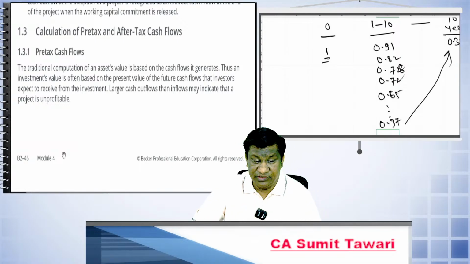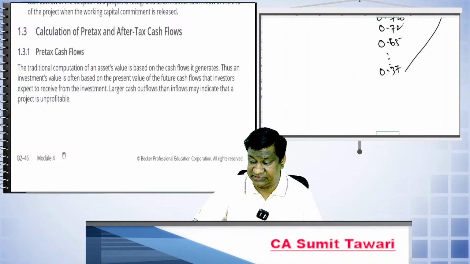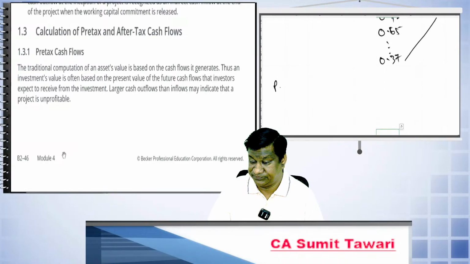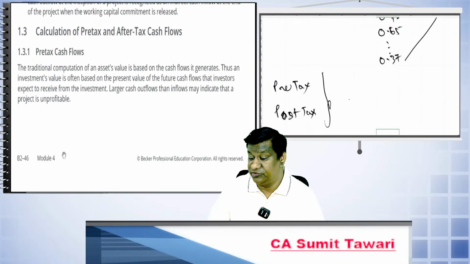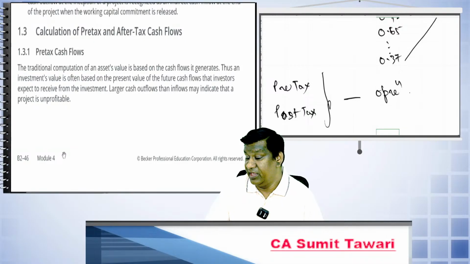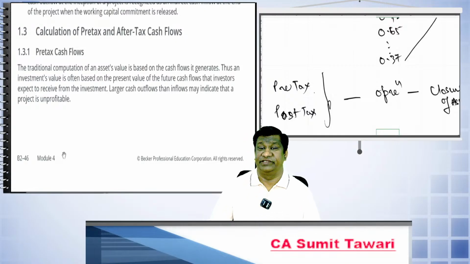Then you need to consider the pre-tax and post-tax. This situation you need to consider for operation cycle and closure of the asset. For initial investment, there is no question of pre-tax and post-tax, because it is an investment, so there is not much tax benefit.